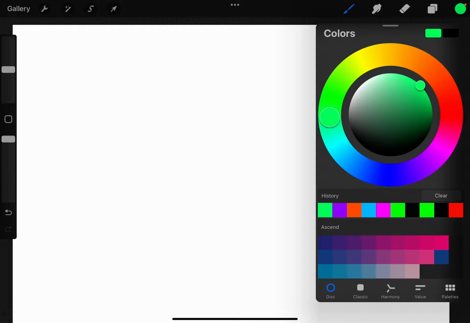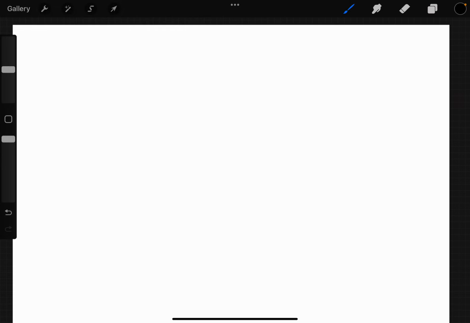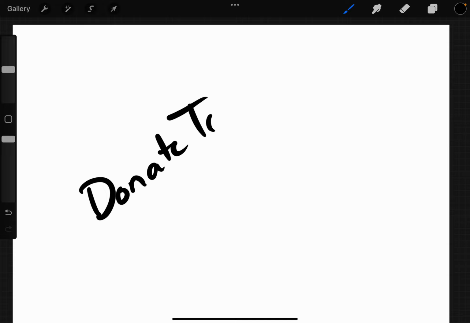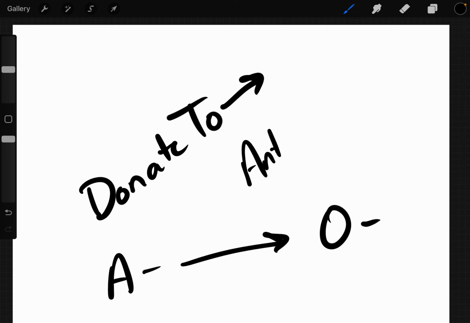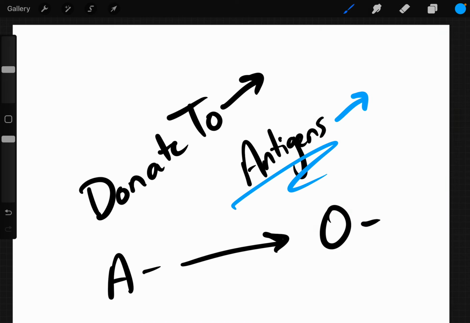Just to quickly recap, for donate to, if we're using A negative donating to O negative, we're always going to compare antigens to antibodies.